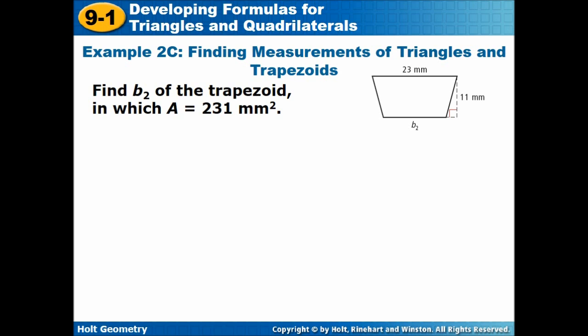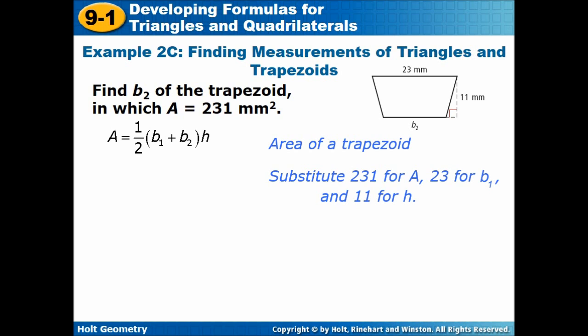So knowing that, let's put together our area of a trapezoid formula: area equals 1/2 (base 1 plus base 2) times the height. Now let's substitute. We substitute 231 for A, 23 for base 1, and this height that we have, 11, for the H.